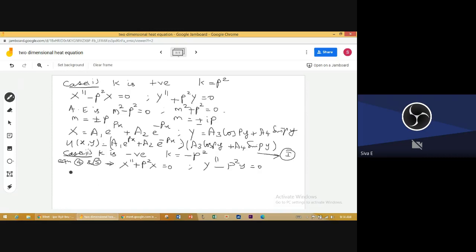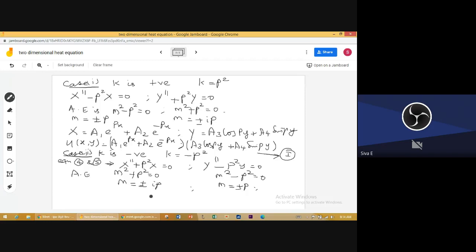What are the auxiliary equations here? m square plus p square equal to 0 and m square minus p square equal to 0. So m equal to plus or minus ip, and m equal to plus or minus p.